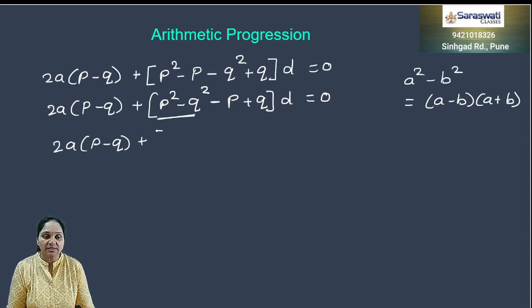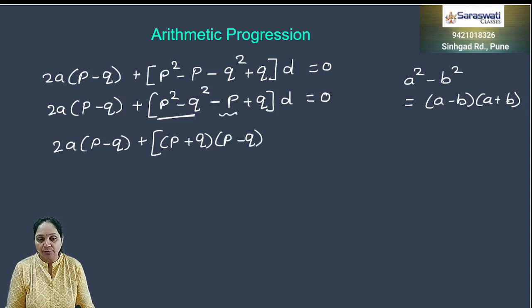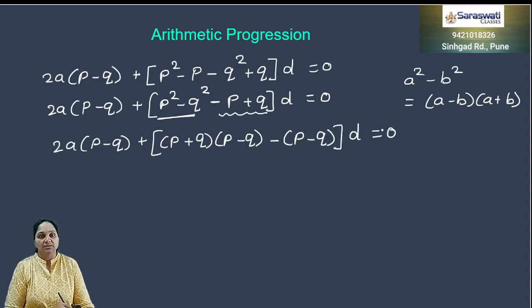So factorize this as p plus q into p minus q, and from these two terms take minus sign common, that is p minus q into d is equal to 0.